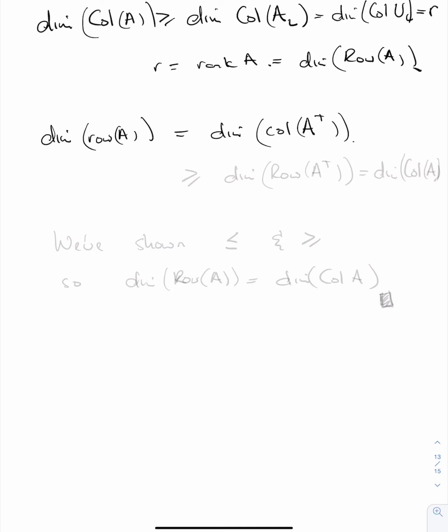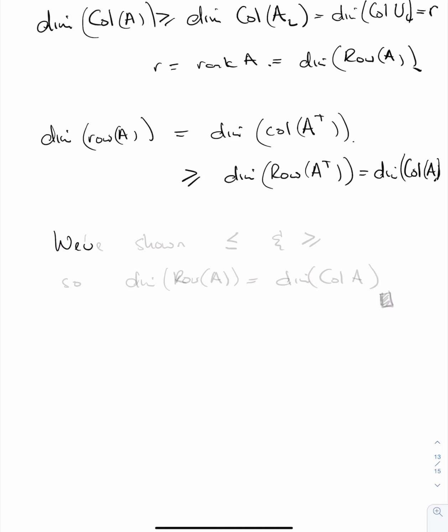The dimension of the column space of a matrix is greater than or equal to the dimension of the row space of that matrix. We've already proved that just above. So this is going to be greater than or equal to the dimension of the row space of A transpose. But the row space of A transpose is the column space of A. So this is the dimension of the column space of A.